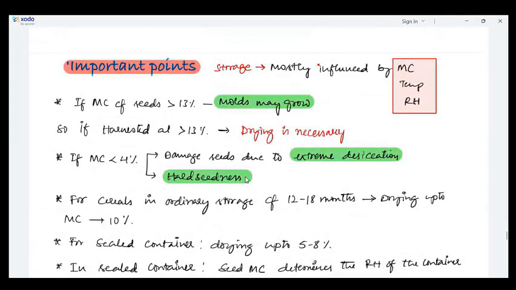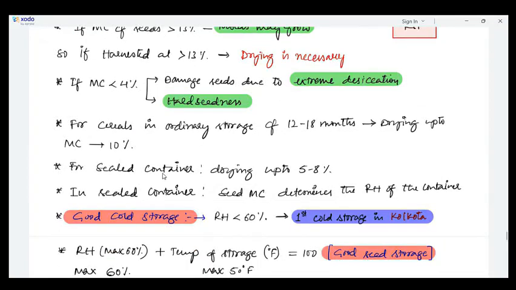I have mentioned the moisture content at which fungus, insects and molds will attack, what the harvesting temperature and drying temperature should be for cereals, the drying for sealed containers, the seed moisture content, and the condition for good cold storage. It is below 60% RH.